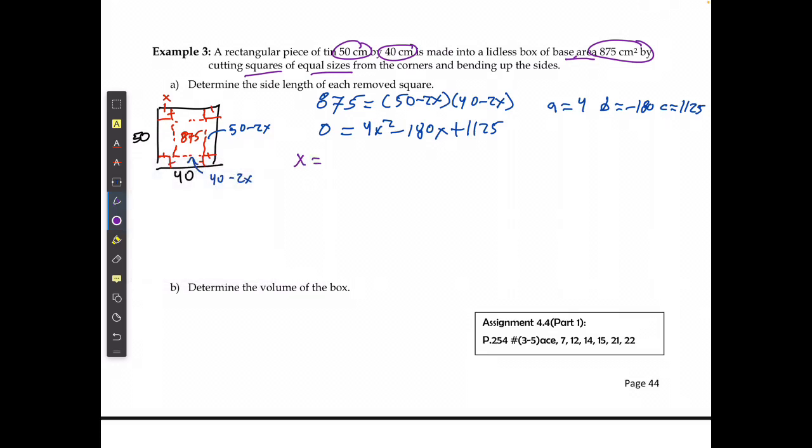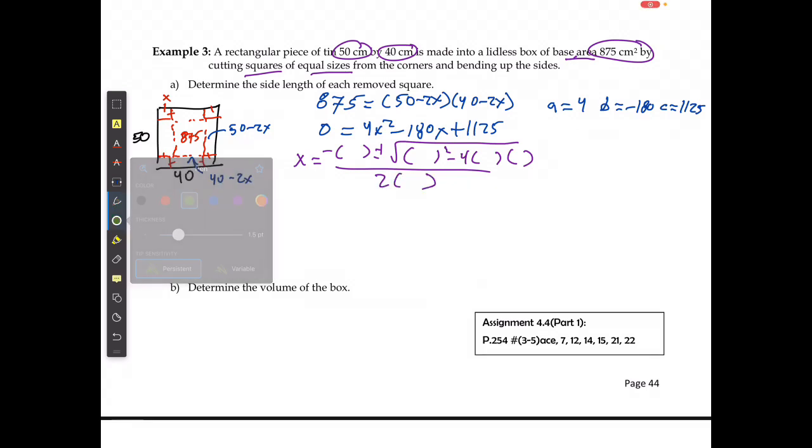X is going to equal the negative of b plus or minus the square root of b squared minus 4ac, all divided by 2a. I'm going to substitute those numbers in, negative 180, 4, 1,125, and 4.